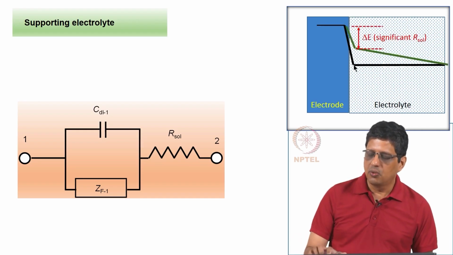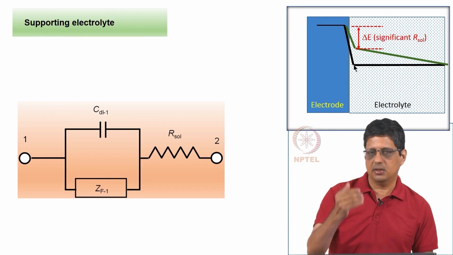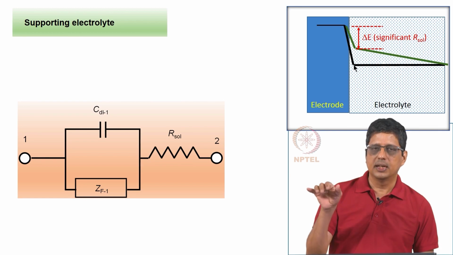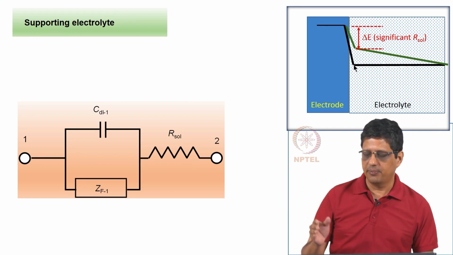Whatever potential we imagine we are applying and changing across this electrode, a significant change may occur between the two electrodes in the system.